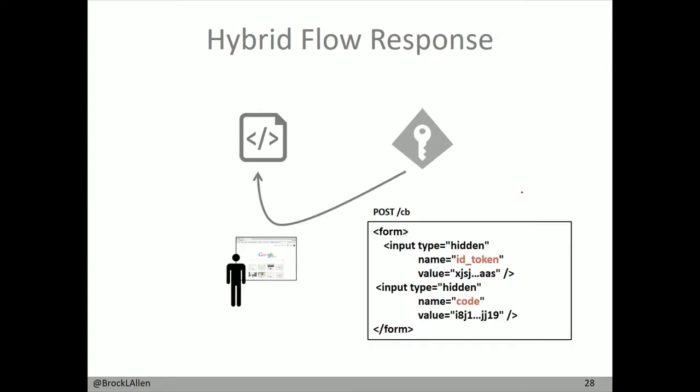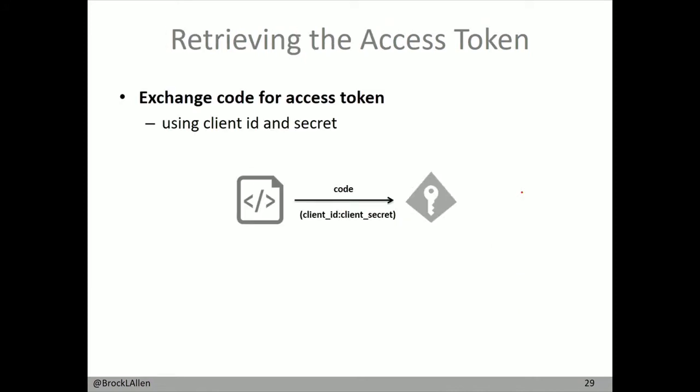So what happens is this code is sent back to your server-side application, and this is why it's called hybrid, because now you're going to interact with the back channel. So your MVC client on the server, once it validates the ID token, then on the back channel uses the token endpoint, sends the code, and also it now has to have a secret.